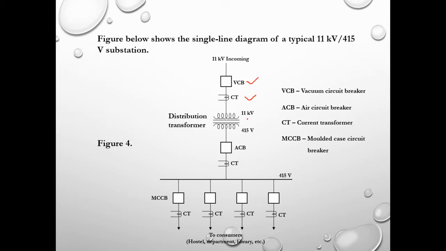And then we have the first distribution transformer, which is stepping down 11 kV down to 415 volt, and we do have the second circuit breaker for safety purpose, the air circuit breaker. So this is again the vacuum circuit breaker, the air circuit breaker.